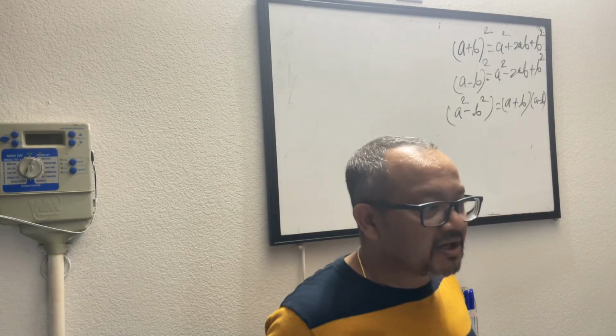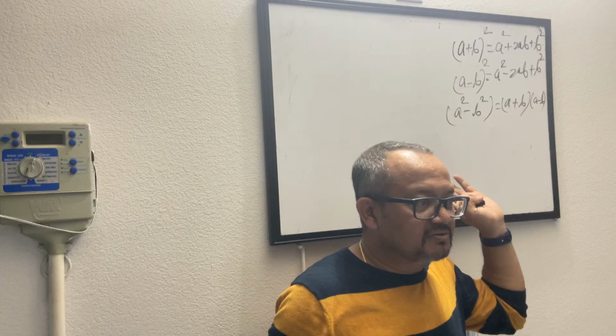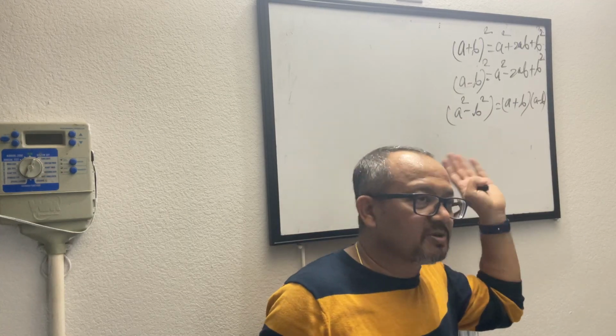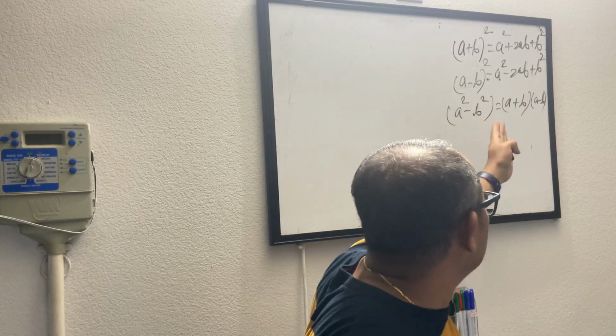A plus b whole square equals a square plus 2ab plus b square. A minus b whole square is a square minus 2ab plus b square. A square minus b square is a plus b into a minus b.